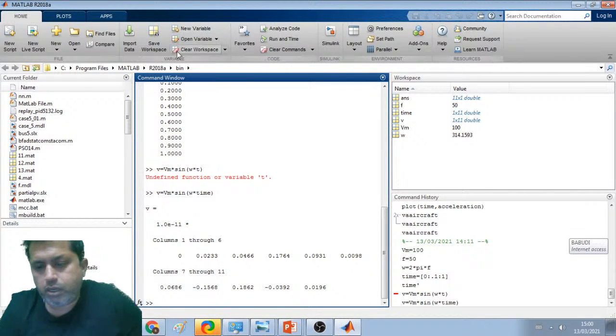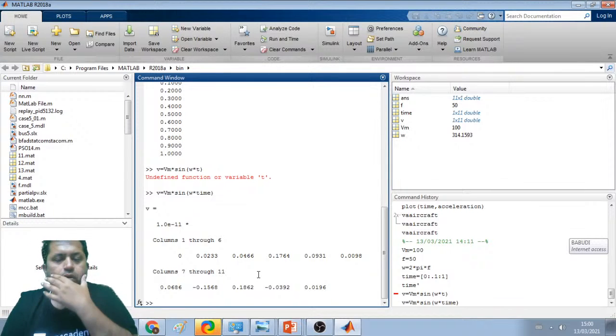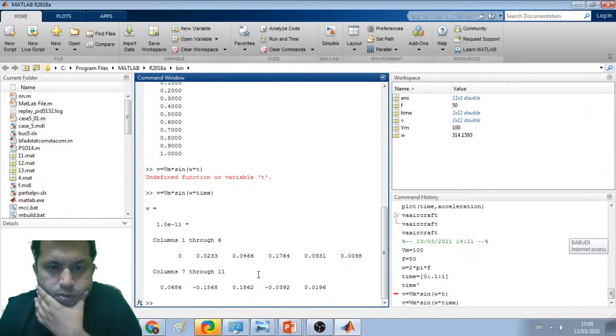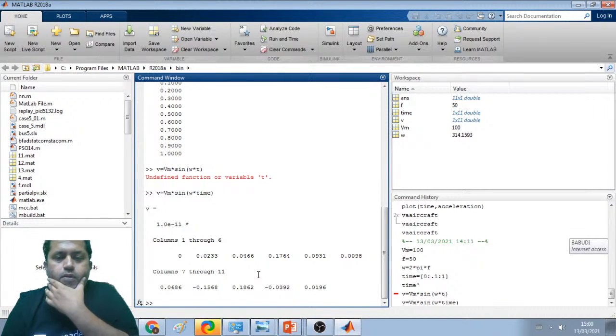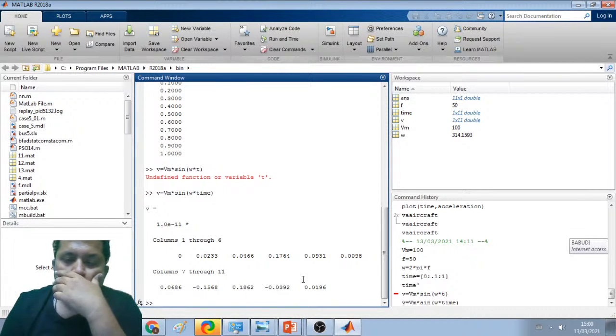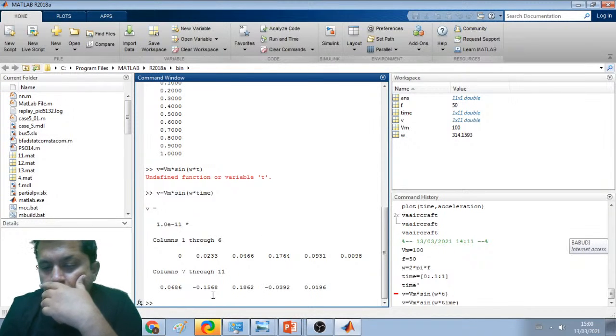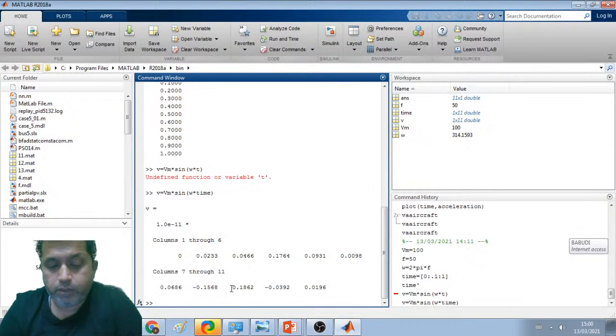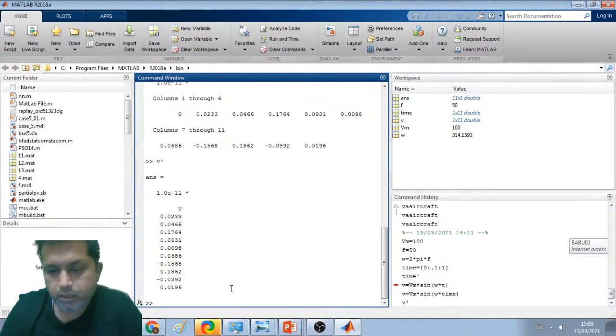Therefore it got an error signal. So we transpose, so this is instantaneous voltage.